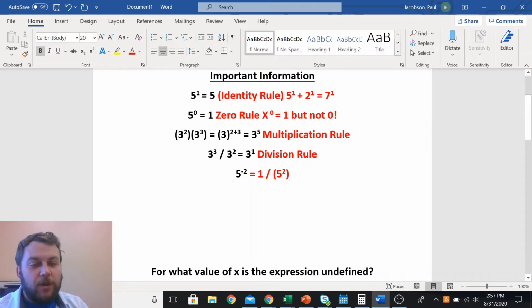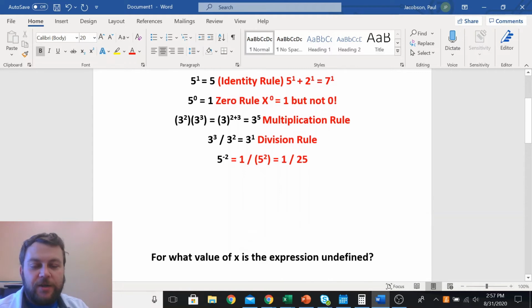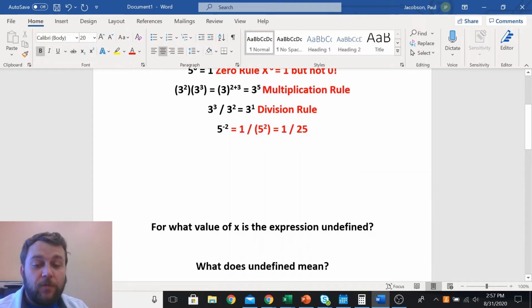It pushed the exponent down below the 1, and the power of the exponent is now positive, since it is below the 1. So something like this is equal to 1 over 5 squared, or 1 over 5 times 5, and then 1 over 25. Okay, so I just wanted to touch base on all of those before we start to move on.